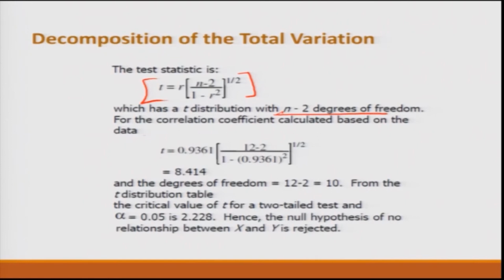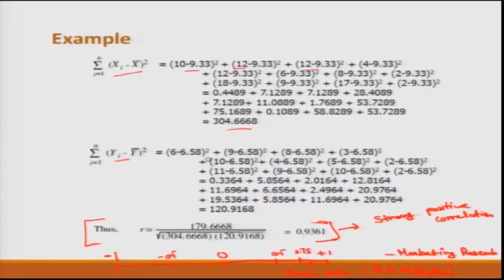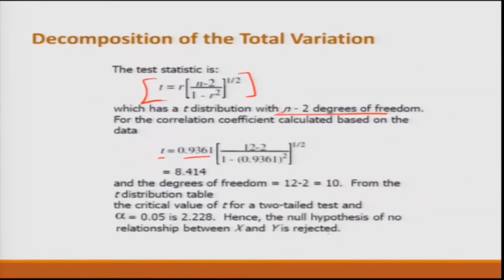So, we calculate the value of t here. 0.9361 was the correlation coefficient value which we calculated here, and the other values we put here, 12 minus 2, and so on.